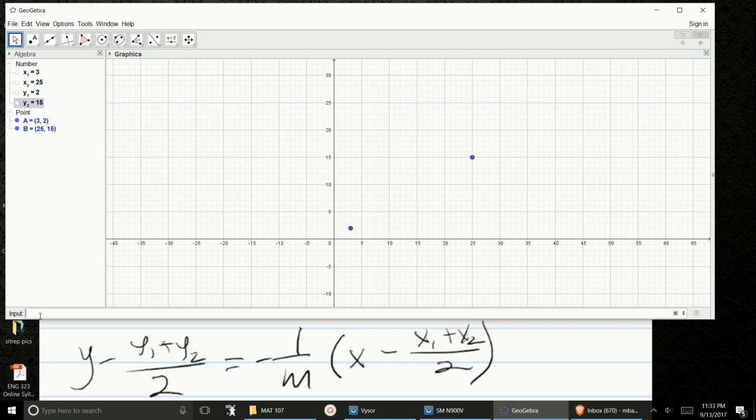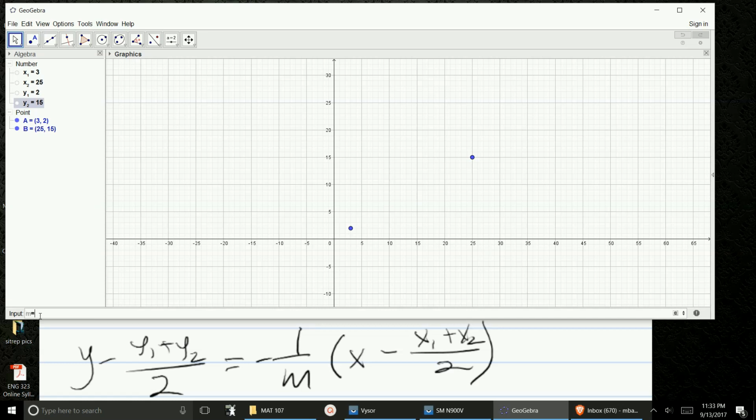All right, great. So now what is this thing? y minus y1 plus y2 over 2 equals negative, I better define m first.